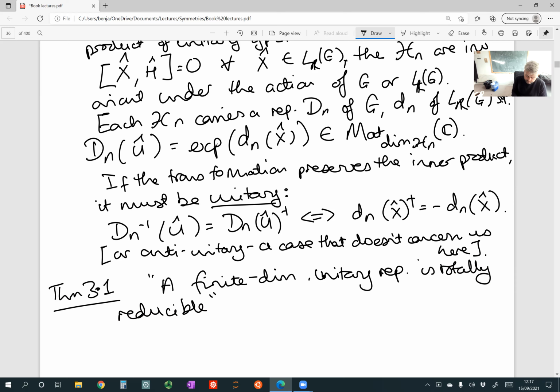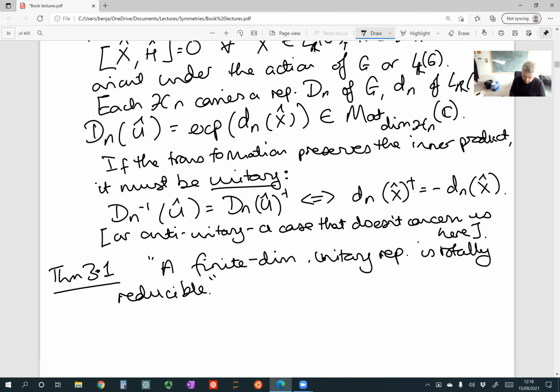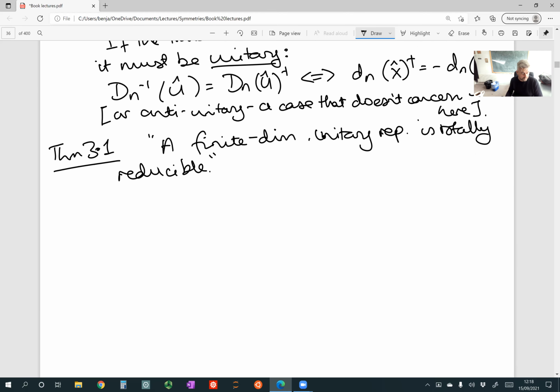This is the theorem that you'll be taking through in the exercise. Okay, good. It's not difficult actually. It involves an algorithm looking at the invariant subspaces and using some linear algebra and vector spaces.